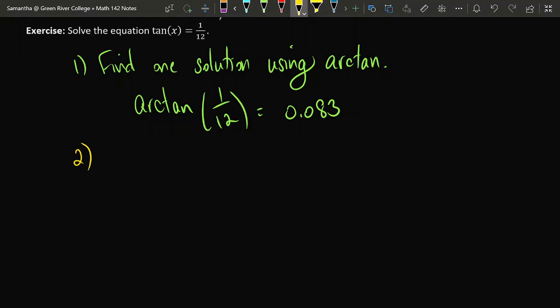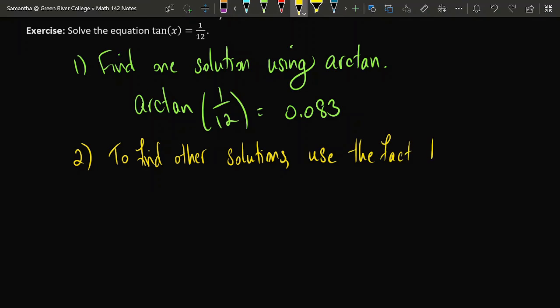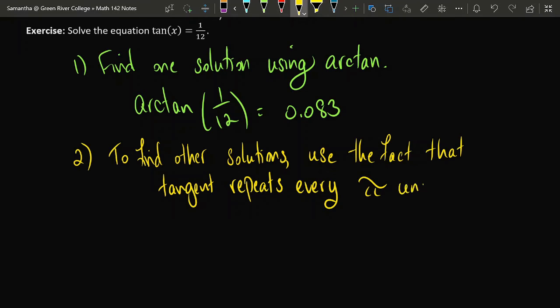To find the other solutions to this equation, what we're going to use is the fact that tangent repeats its behavior not every 2 pi units, but every pi units.